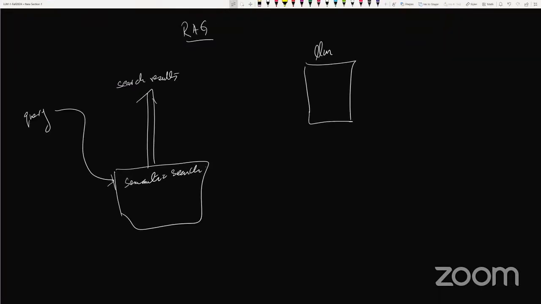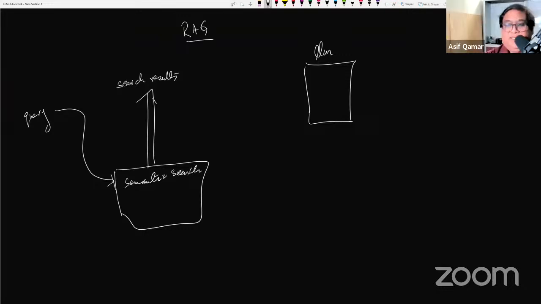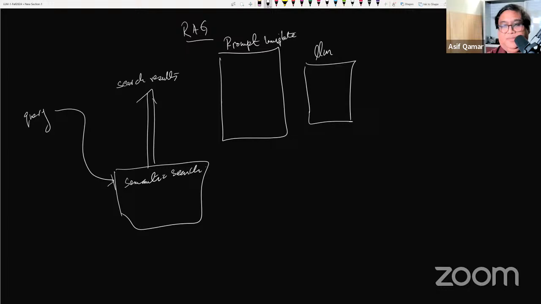Yep. So our basic setup was that you would take the query and feed it into the semantic search engine. You would get the top K results.